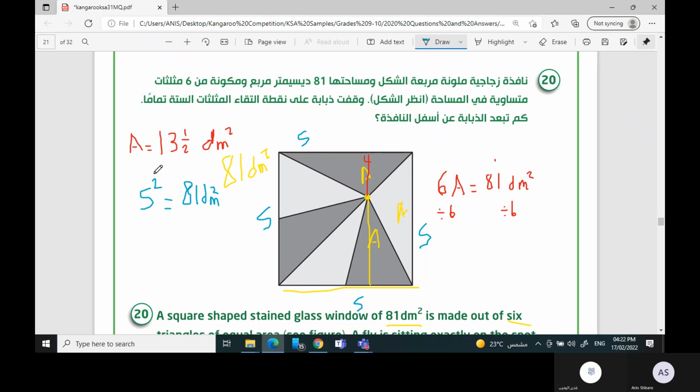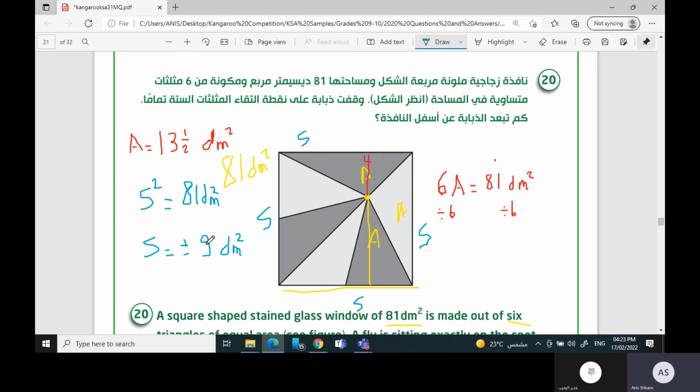And simply to get rid of the square, we're going to apply the square root property. So S is equal to plus or minus radical 81, which is 9. 9 times 9 is equal to 81.